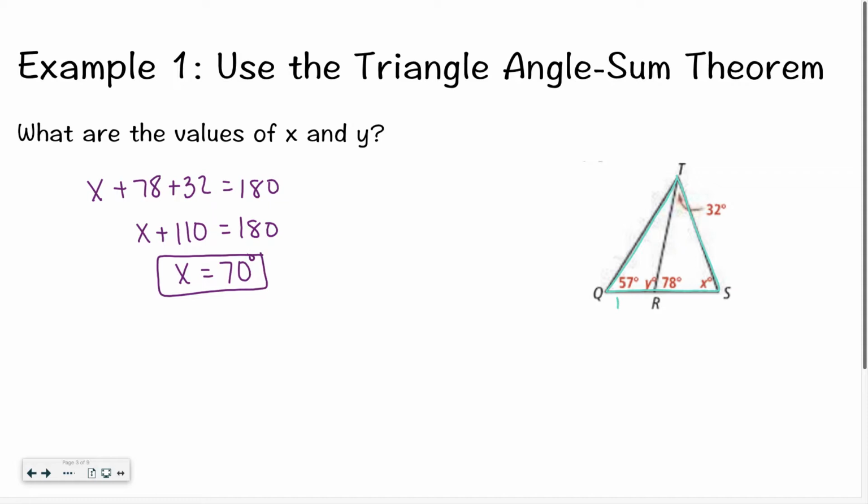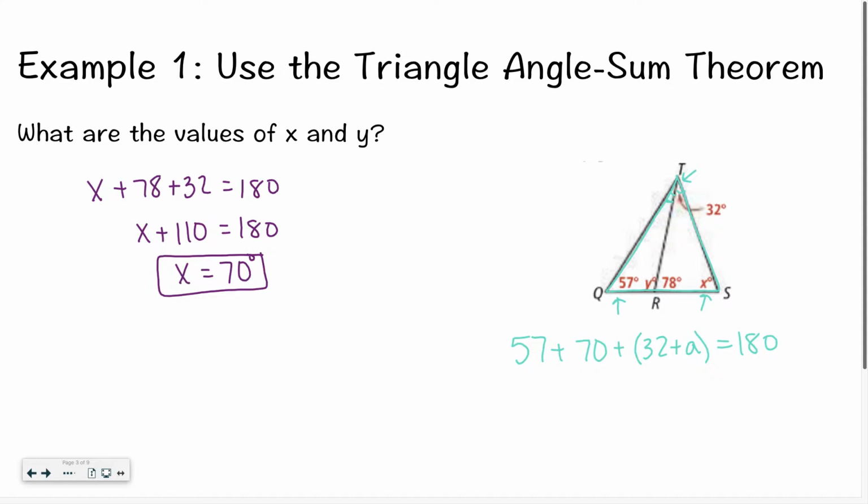I could do 57 plus, we said x is 70, plus 32 plus, we'll call it A, equals 180. That way I could solve for this angle measure here and then do the smaller triangle like I first tried.